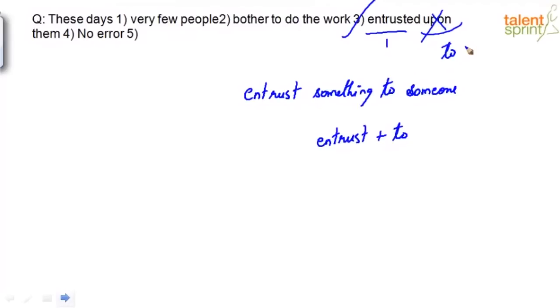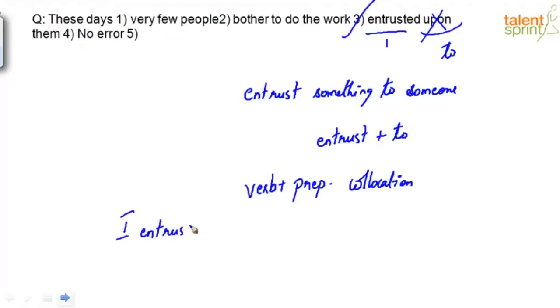So this is nothing but verb plus preposition collocation. I'm sure you know what collocations are. Associated words. These two words go together. So in many example sentences, if you see the verb entrust, it will be followed by to. Likewise, you need to be familiar with as many verb plus preposition collocations. Think of other examples. I entrusted this secret to her.